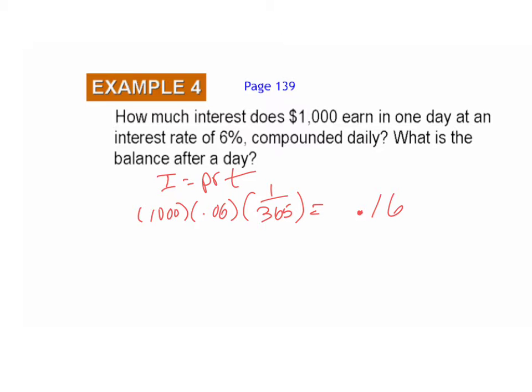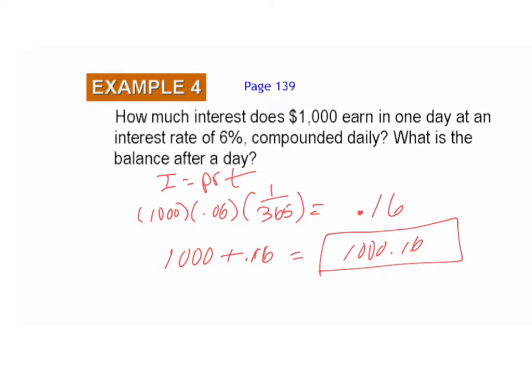So the balance after one day is 1,000 plus 0.16, which equals $1,000.16. Again, just an exercise to show you how you can think of time in the I equals PRT simple interest formula. Please get this down, and when you're ready, press play to go to the next slide.